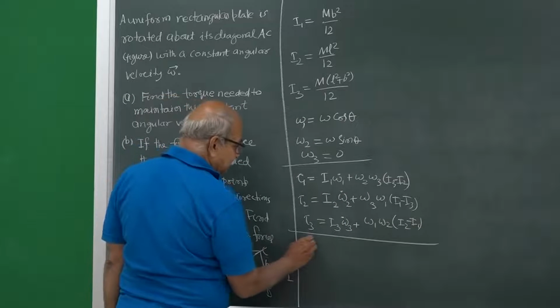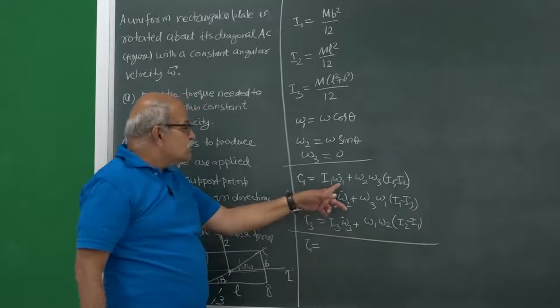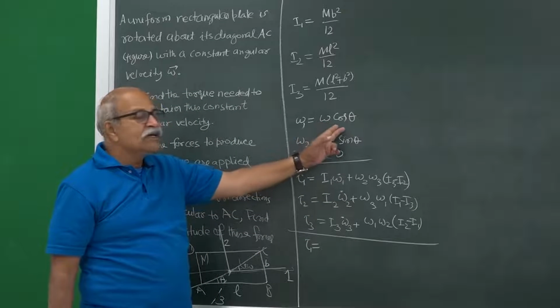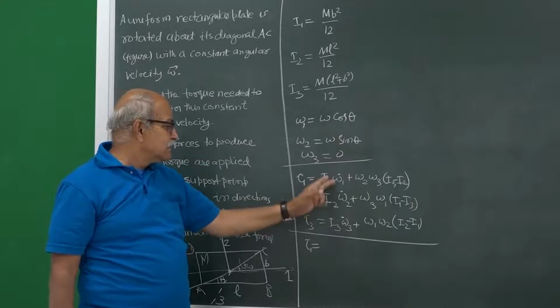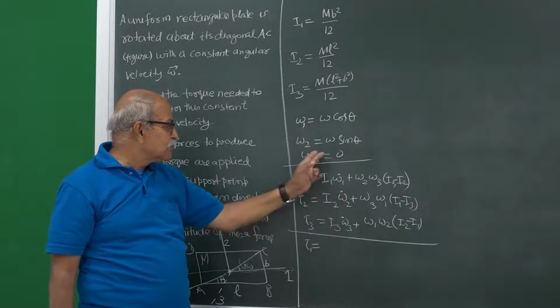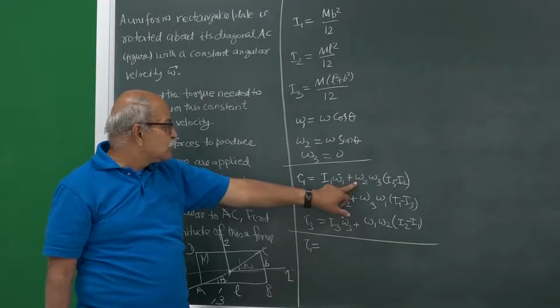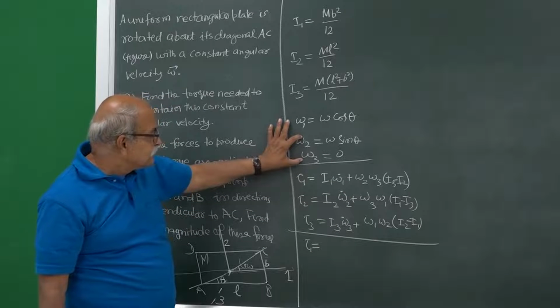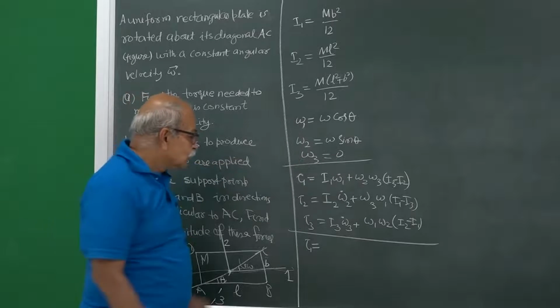So, tau 1 will be equal to omega 1 dot. Omega 1 is omega cos theta, which does not change with time, and therefore this is 0. Omega 2 is also constant, so this will be 0, and omega 3 is constant, so this will be 0. These terms are 0. Here omega 2 into omega 3 is 0, so tau 1 is 0.